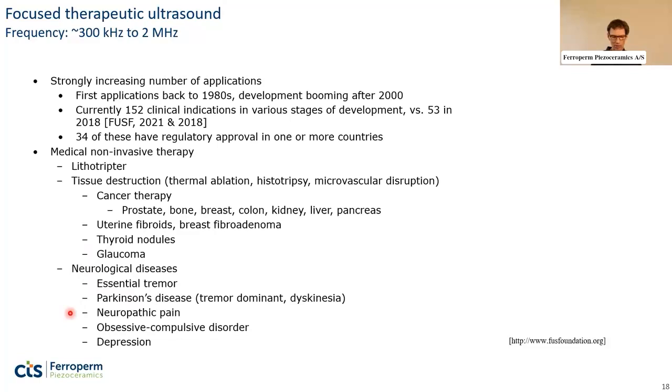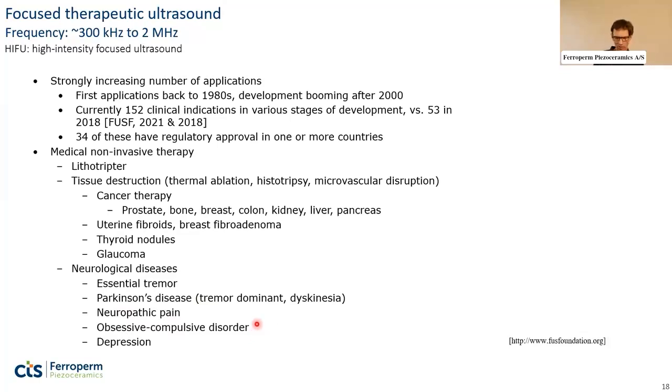Another example is neuropathic pain, where you have pain related to some limbs that have undergone surgery. So even pain related to an amputated leg or arm. It has also been used to treat obsessive compulsive disorder and depression.